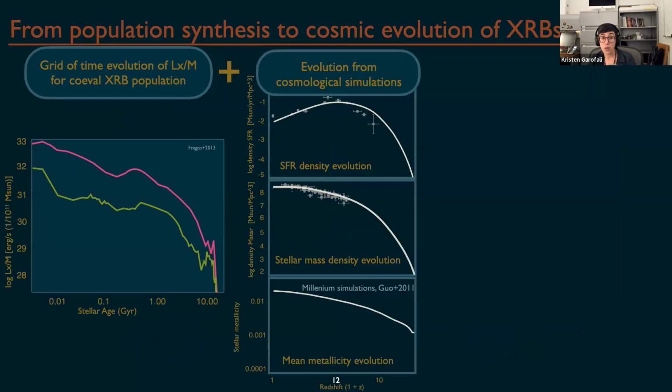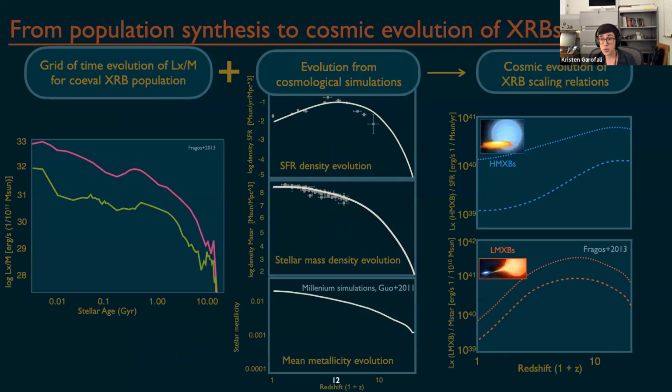So we take the whole grid of these binary population synthesis models, and then we can couple them with results from cosmological simulations for the evolution of things like the star formation rate density, stellar mass density, and mean metallicity evolution of the universe. And in doing so, we actually then can produce the cosmic evolution of our X-ray binary scaling relations.